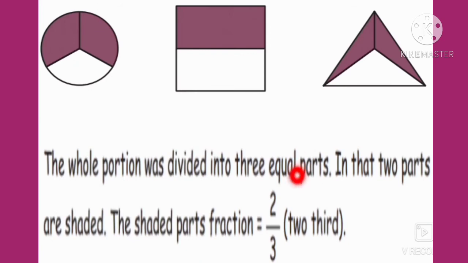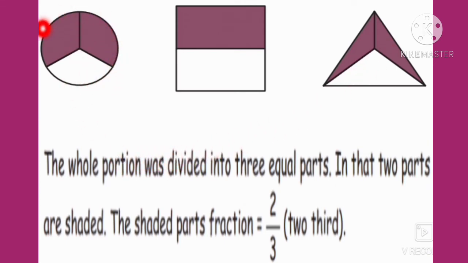Now let us see 2/3. Here the whole portion was divided into 3 equal parts: 1, 2, 3, 1, 2, 3. In that, 2 parts are shaded.